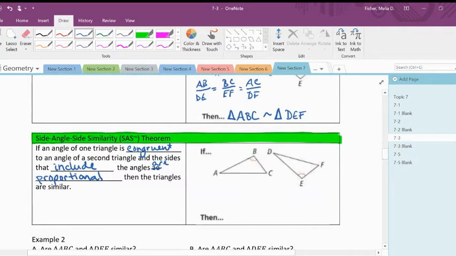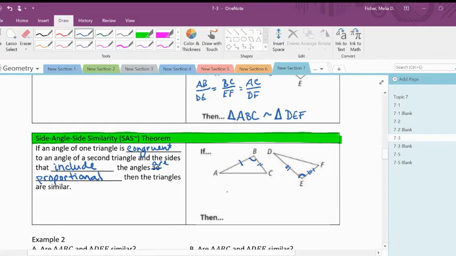So we have angle B being congruent to angle E. The sides that include that angle are this one and this one, and this one and this one. Notice that I did not put congruency markings on here because we're not talking about being the same size, we're talking about being the same shape.